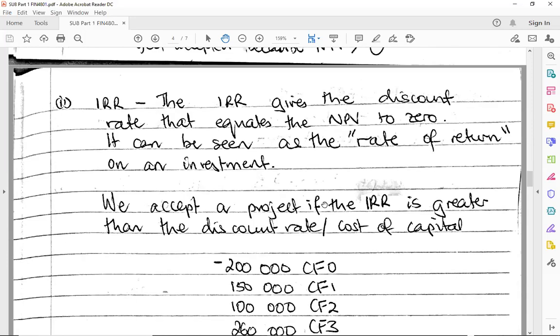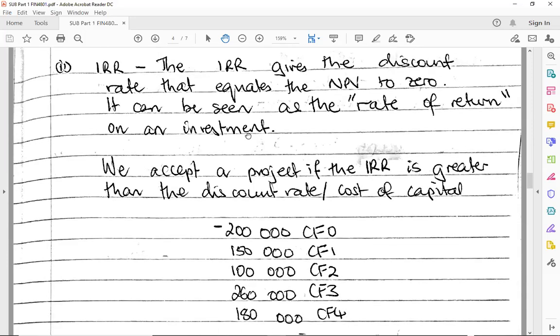And then the next capital budgeting technique is the internal rate of return. The internal rate of return gives the discount rate that equates the NPV to 0. So we can look at the internal rate of return as the rate of return on an investment.